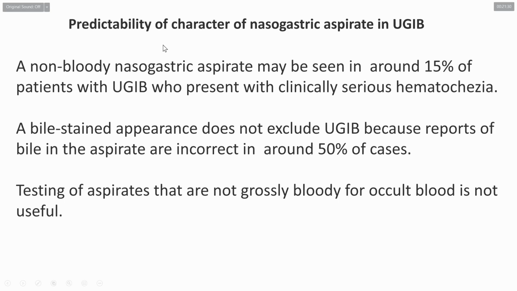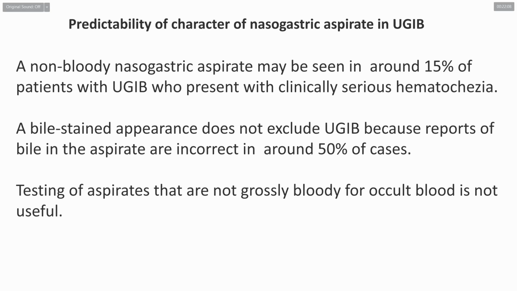Okay, I've advised about this before. Try to avoid insertion of a nasogastric tube in someone who is coming in with features of upper GI bleeding. Our surgical colleagues may tell you otherwise. Why is it useless? Because of this. A non-bloody nasogastric aspirate may be seen in 15% of patients with upper GI bleeding who present clinically with serious hematemesis. These are the most seriously sick patients, and they're bleeding, they're hosing.